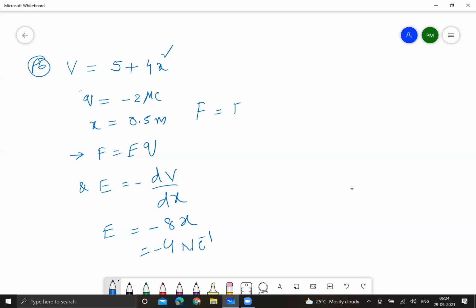And F is equal to EQ. So minus 4 into minus 2 into 10 to the power of minus 6. So 8 into 10 to the power of minus 6 newtons. That's all.